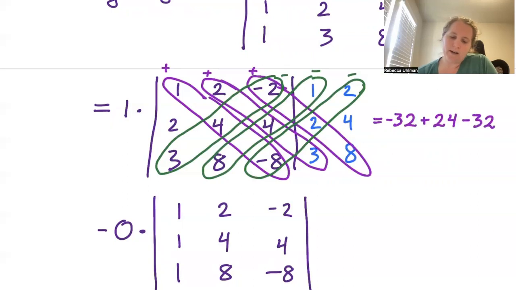Then we will subtract off negative 2 times 4 times 3, so that becomes plus another 24. We will subtract off 1 times 4 times 8, that becomes another negative 32. And we will subtract off 2 times 2 times negative 8, that becomes a plus 32.